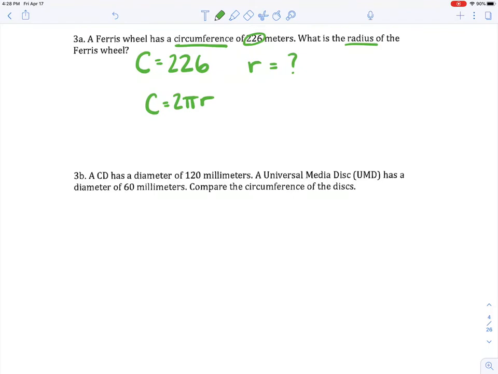I'm going to now plug in the variable I know. I know the circumference. Now I'm solving for a different part, but I can get my r by itself. I'll divide both sides by 2 first. And then lastly, I would have to divide both sides by pi.